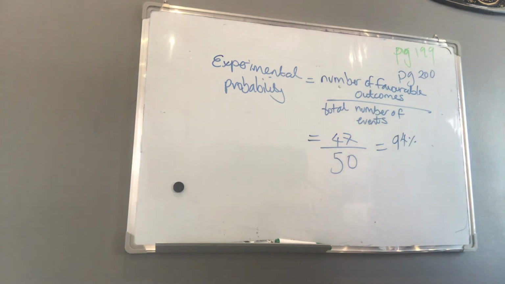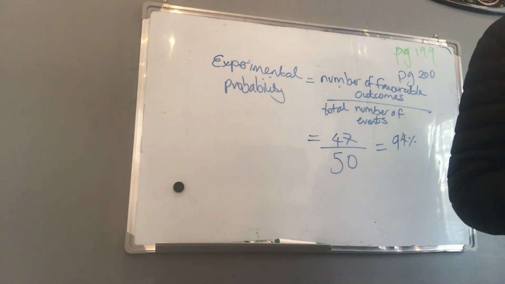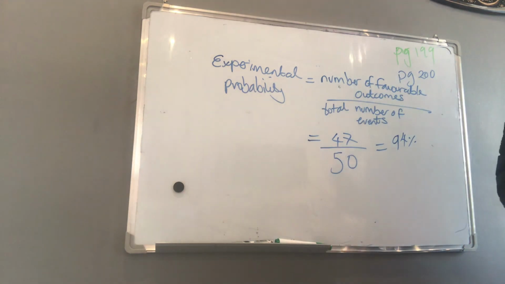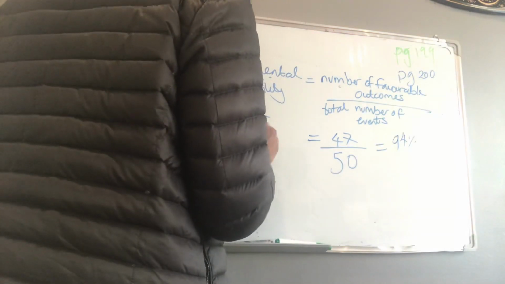So that is the theoretical versus experimental. The only thing you have to remember with this is that we are just using the frequency of an event, which is just the number of times an outcome has occurred, to work out our probability. That's why they also call it experimental probability or relative frequency of an event happening.